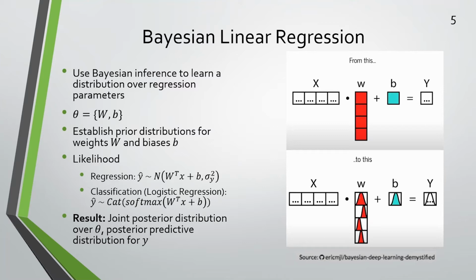But I guess one of the key takeaway points I'd like you to think about as we move through this is, when I talk about getting a joint posterior distribution over the parameter vector theta for this Bayesian linear regression, you can think of this distribution, or rather samples from this distribution, as being essentially linear regression models. So each sample that you draw from your posterior distribution gives you a set of these theta parameters, which are your weights and biases in a regression model.